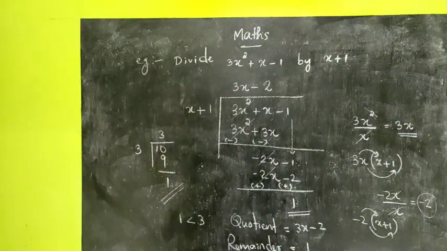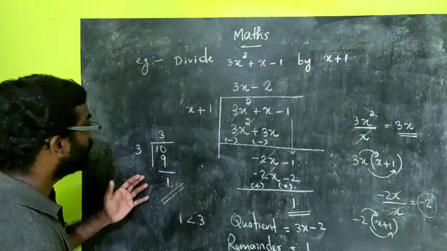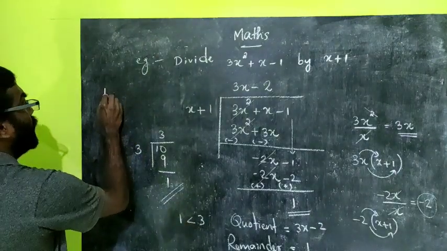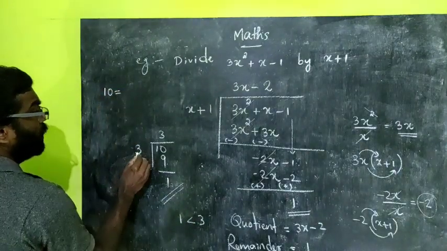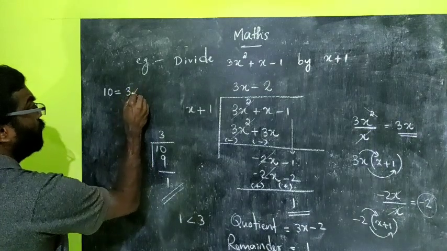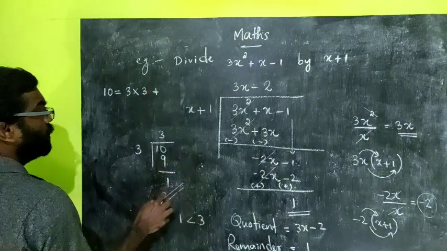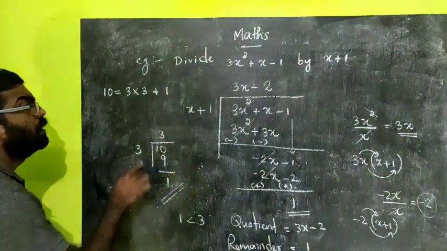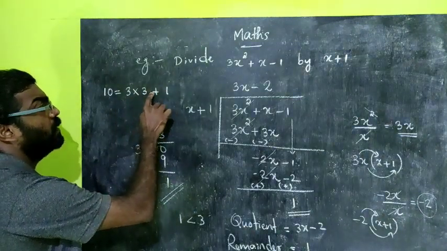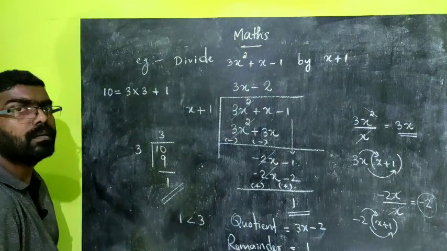So in this example, we can write the number 10 is equal to this divisor 3 into quotient 3, plus the remainder 1. 3 into 3 is 9. 9 plus 1 is what? 10. Clear?